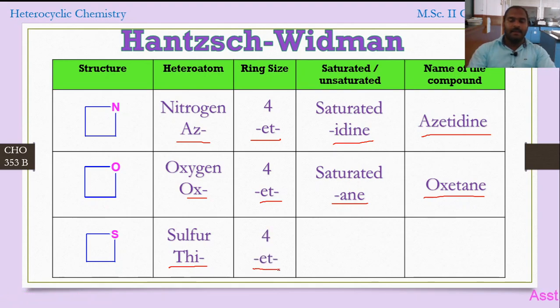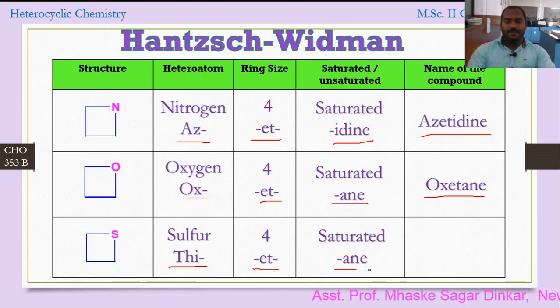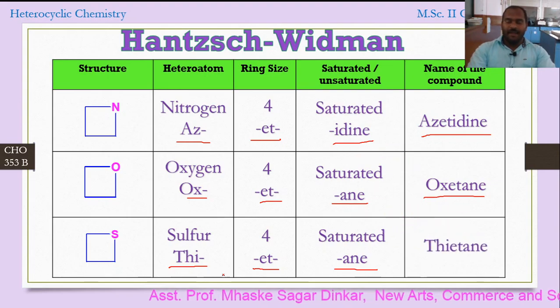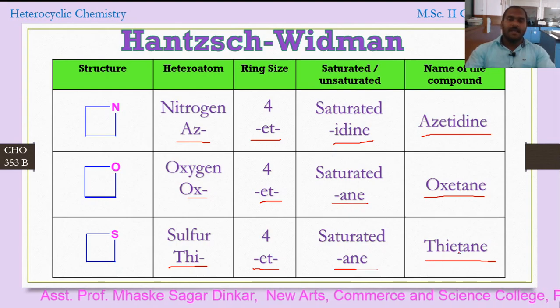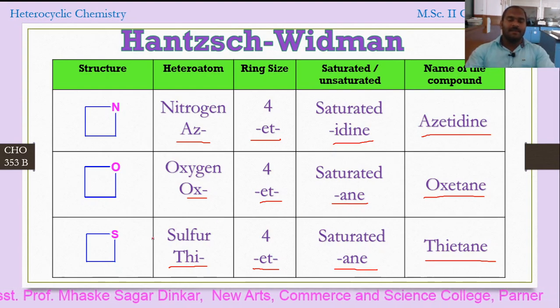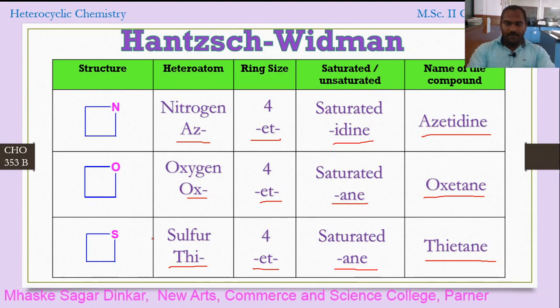Then is it a saturated or unsaturated? It is a saturated, therefore ANE, right? So what should be the name? Name is thietane, right? Thietane suggests that it is a 4 member cyclic structure having a sulfur, right?